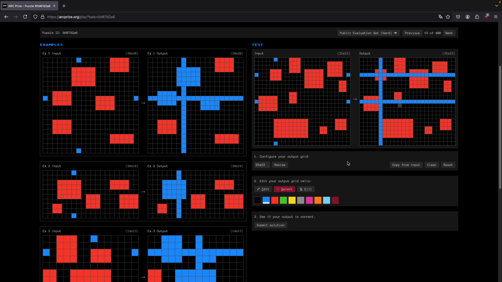So first of all, we color what we know for sure is going to be blue. So all of these ones are going to be blue, this one as well.